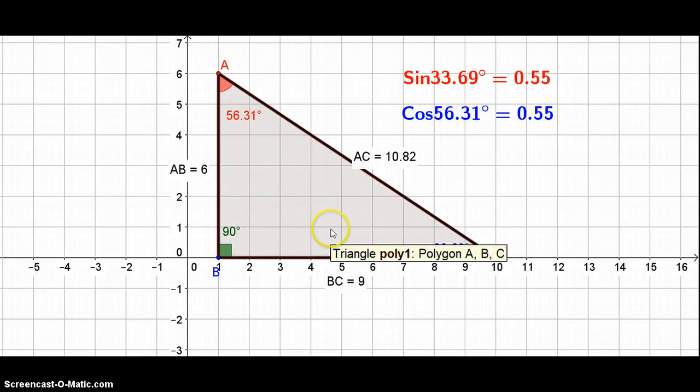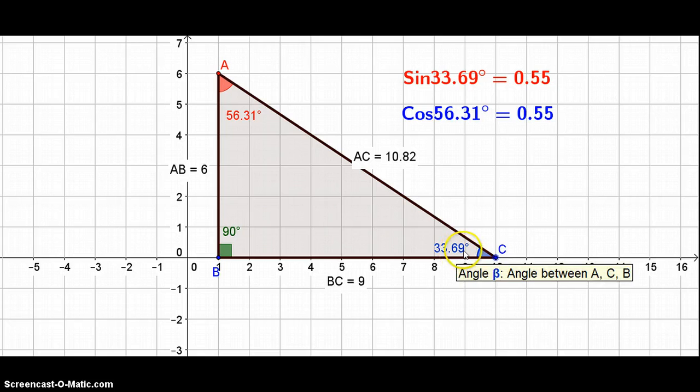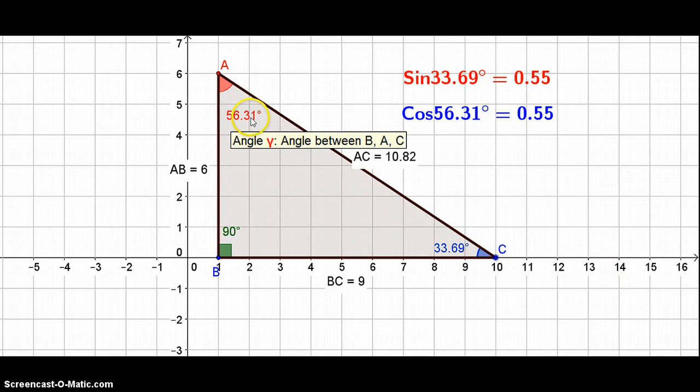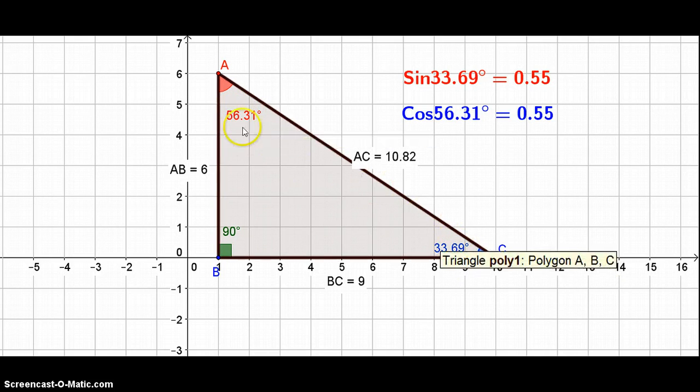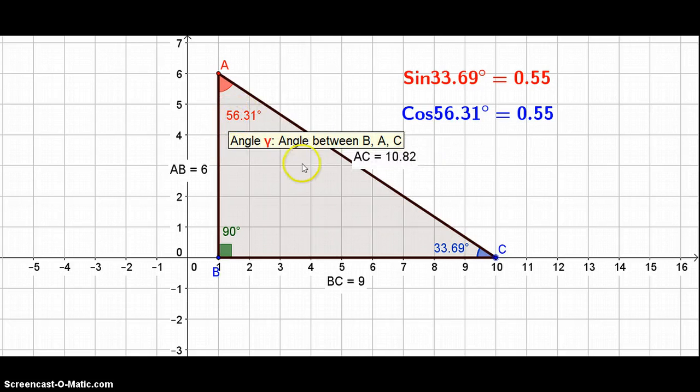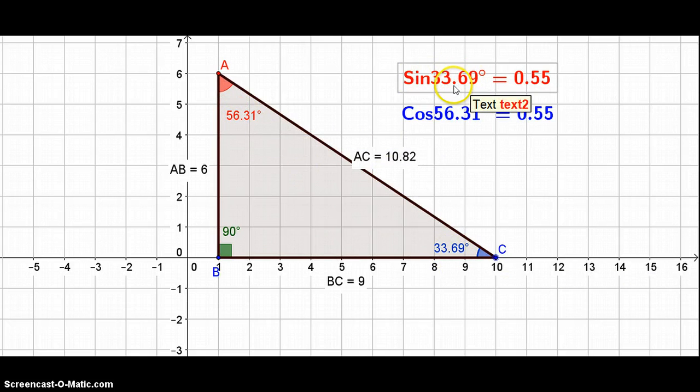Now we can use GeoGebra to verify this. Now this is a right angle triangle, and this is the angle here, 33.69, 56 point that, and these two angles must add up to 90 degrees. And because they must add up to 90 degrees, sine of one of them is 0.55 and cos of the other is 0.55.